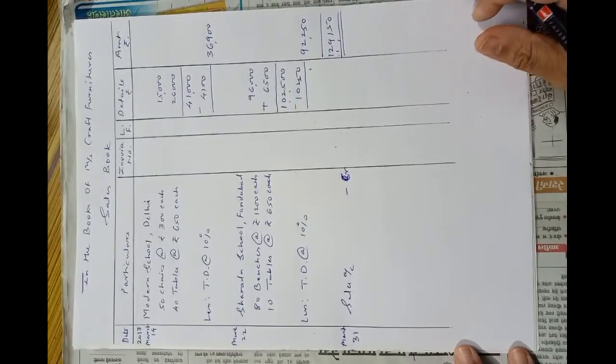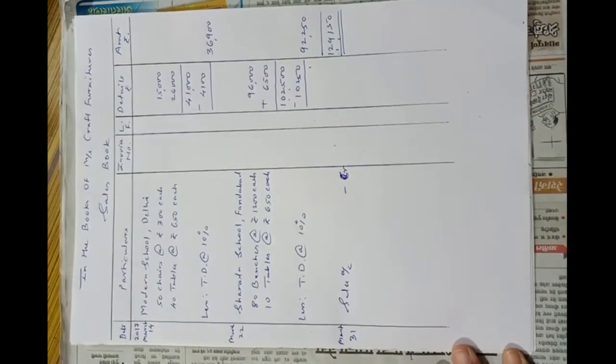Now let's post these entries into our ledger accounts. Here I have prepared the ledger accounts. First account is sales account, second account is Modern School's account, third account is Sharada School's account.